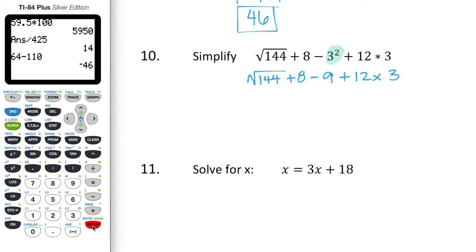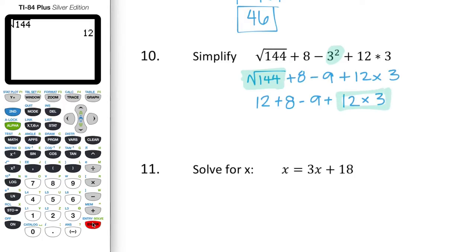Then we're going to simplify our square root sign. So the square root of 144, I'm going to put that in the calculator. Second square root of 144 is 12. So we're going to have 12 plus 8 minus 9 plus 12 times 3.